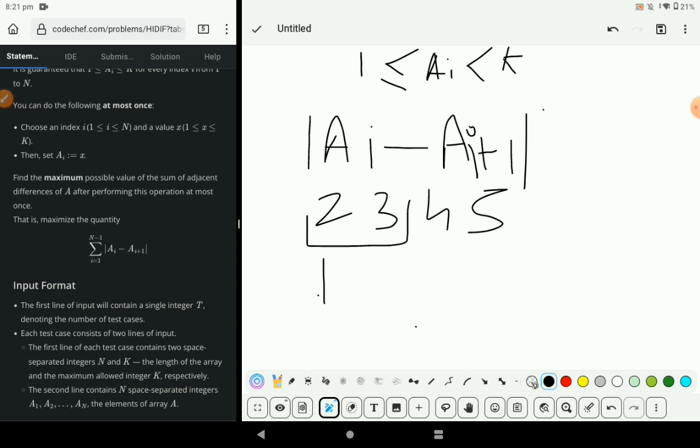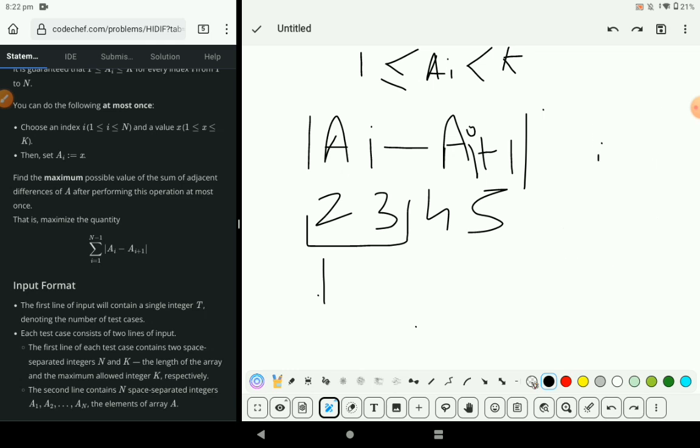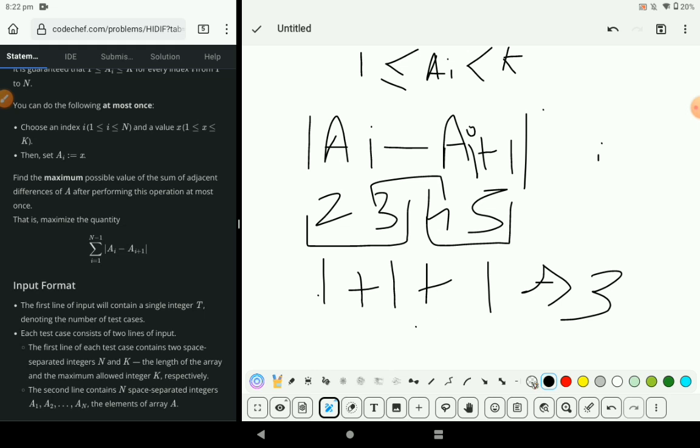Basically this operation gives all the numbers positive, it converts negative to positive, and positive stays positive. So it's giving 1, then 3 minus 4 is 1, and 4 minus 5 is 1. So the total difference is 3. This operation we have to perform.